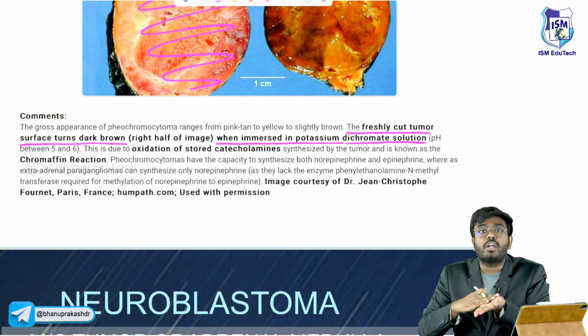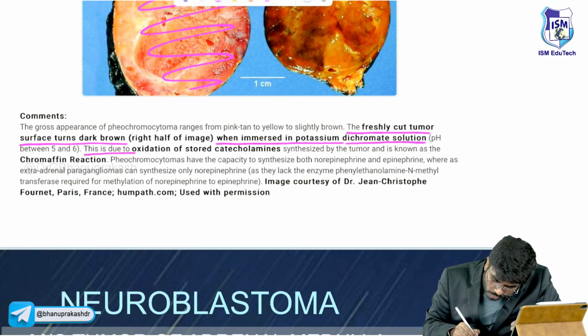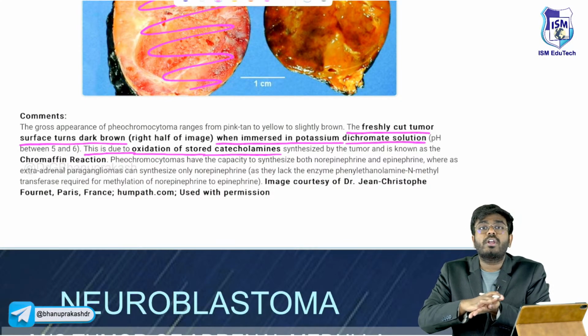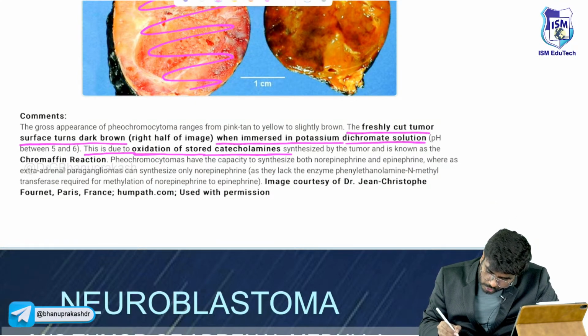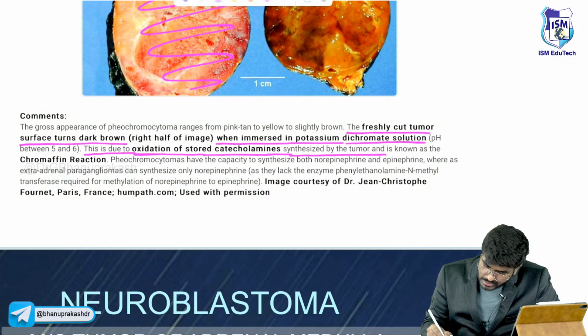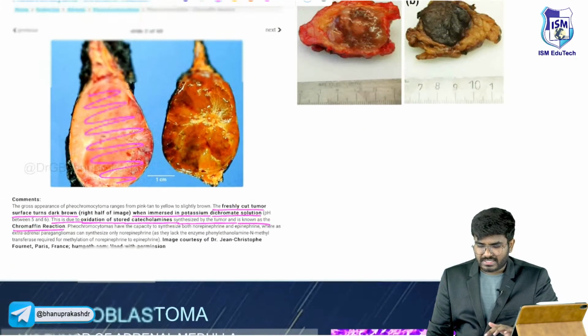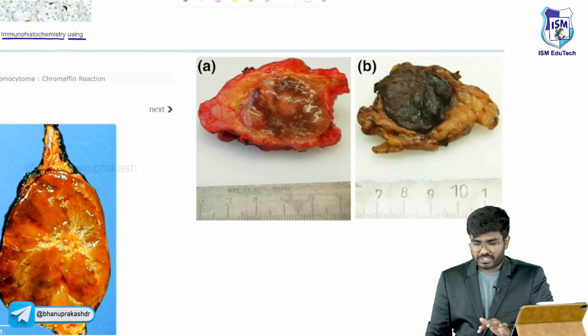Inside it we have epinephrine and norepinephrine, and the potassium dichromate reacts with them. This is due to oxidation of the stored catecholamines synthesized by the tumor. This is known as the chromaffin reaction. That's enough. Simple.